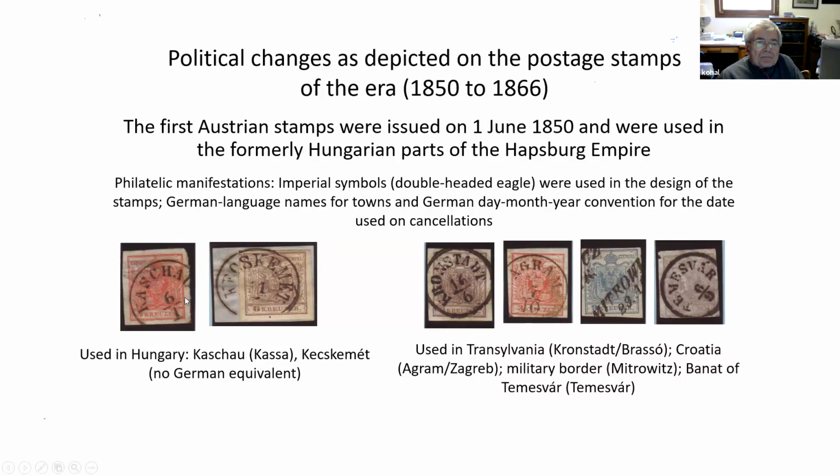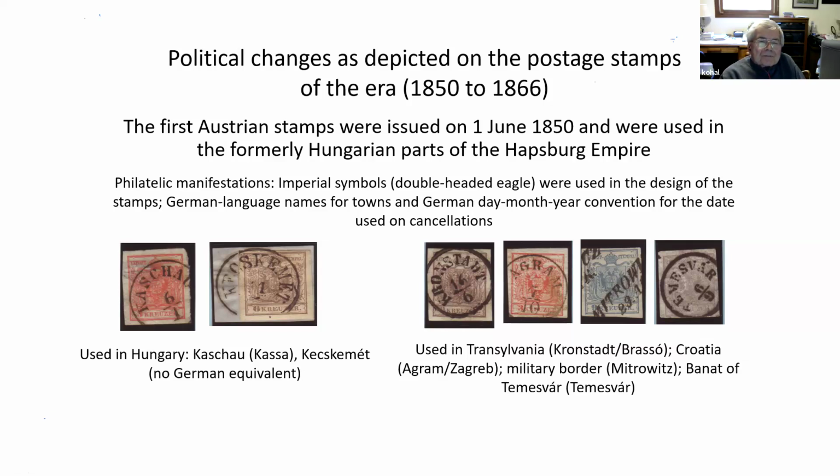And the 2 stamps on the left show the way that the postal system dealt with Germanizing the names of towns. Kassel became Kaschau, and in certain cases, like Kecskemét, there was no German equivalent, so they retained a Hungarian spelling.